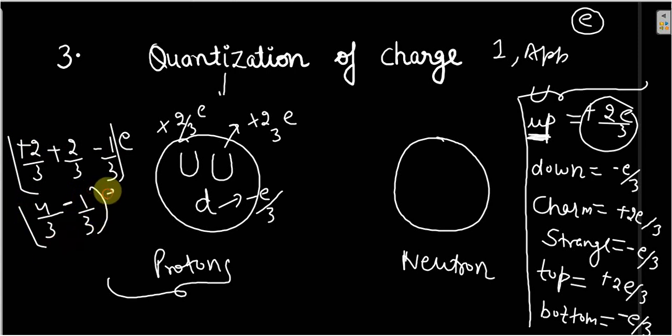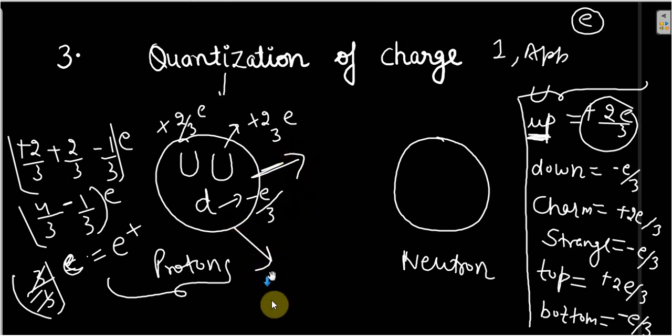So this will be 3 by 3, so you get E here. So now this is positive E. So this is the charge on proton. The charge on proton is positive 1. So overall sum of all these charges is also positive.